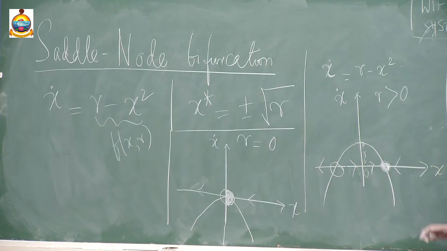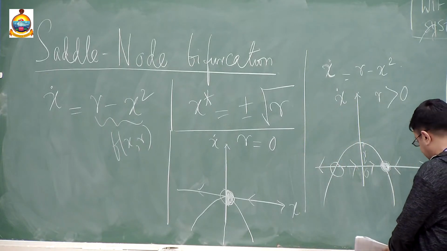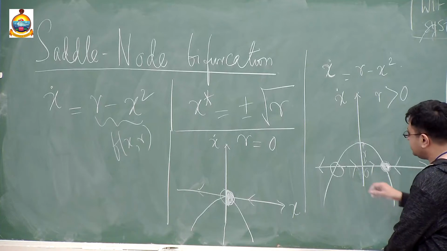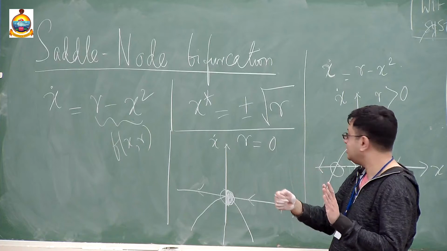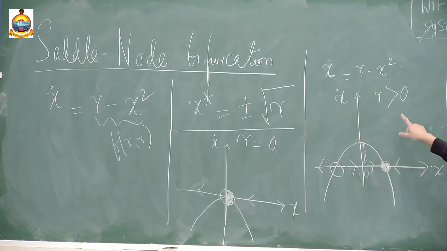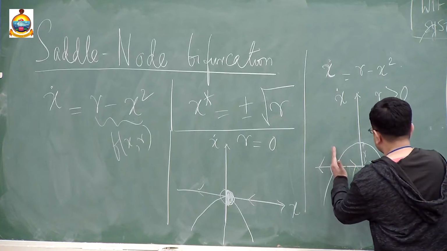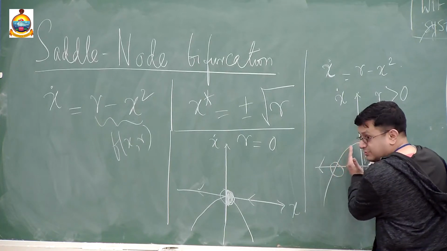Okay. So first of all, you understand why there is a qualitative change, because r is the parameter that I am tuning. So long as r is greater than 0, I had two fixed points, and as I start decreasing r, these two fixed points start approaching one another.